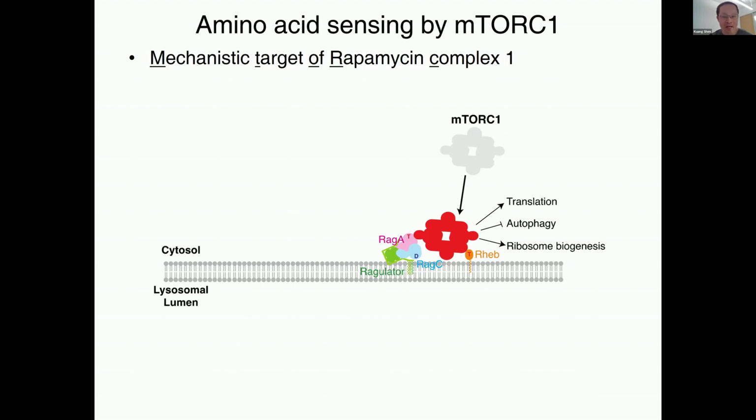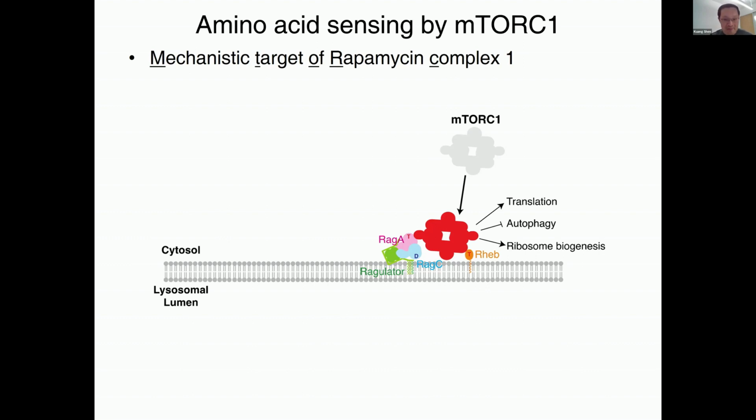And on the right-hand side is the Rheb GTPase, and it will respond to glucose signal. So in the case of growth factor and glucose signaling, the Rheb GTPase will trigger internal conformational changes within mTORC1 to turn on the kinase activity. So these two GTPase units form a coincidence detector to ensure that the cell will only grow when you have the basic building block, which is amino acid, and when you have the energy, which is glucose.